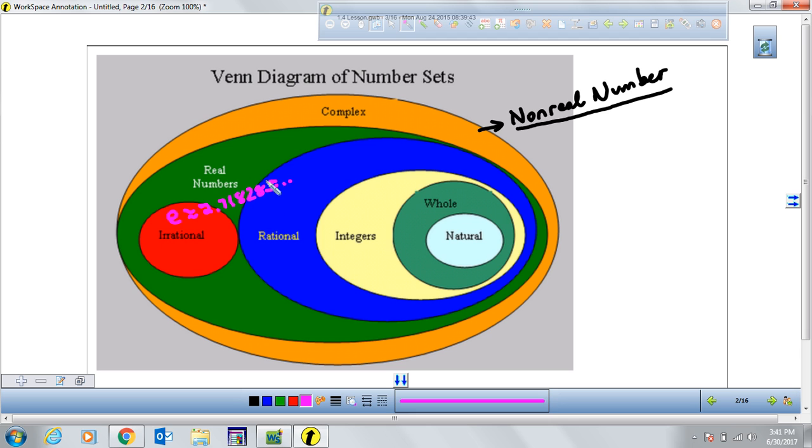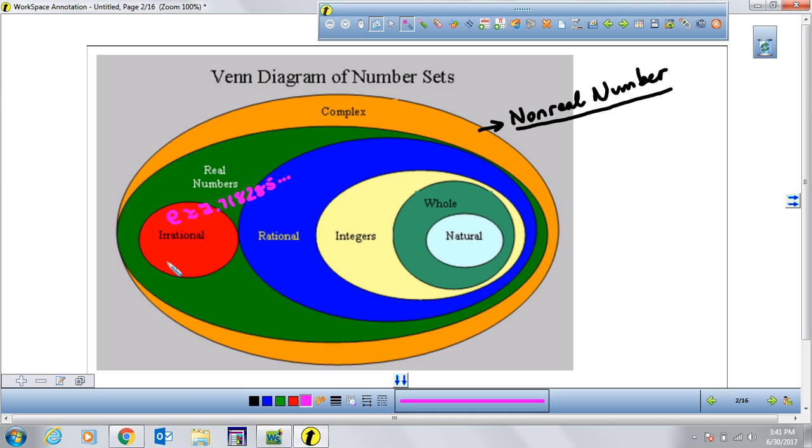So this is an approximation for its value. It is an irrational number because no matter what we do, we will not be able to find a fraction that will fit this number exactly with all its digits. So what makes an irrational number? It's a number that has a non-terminating number of decimals.